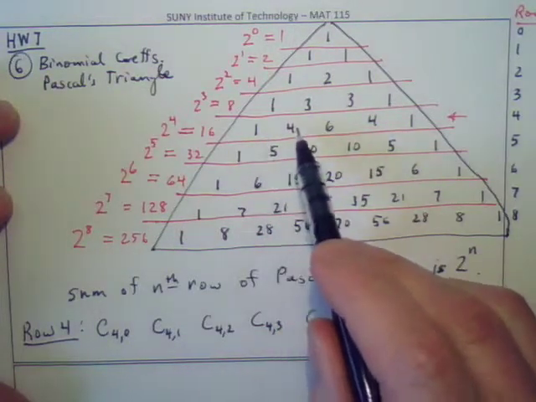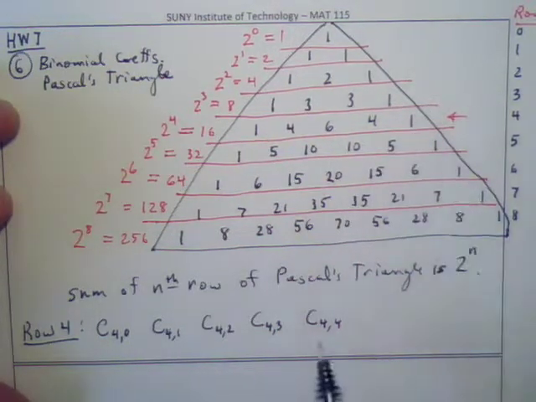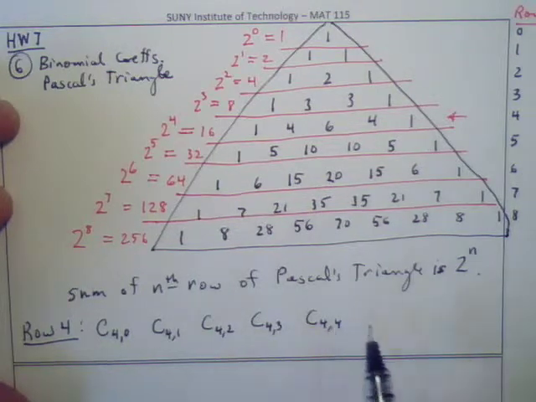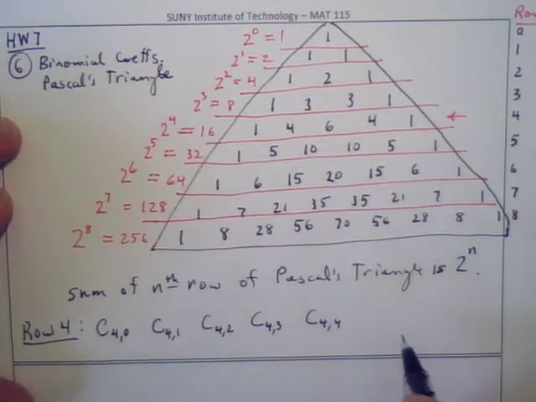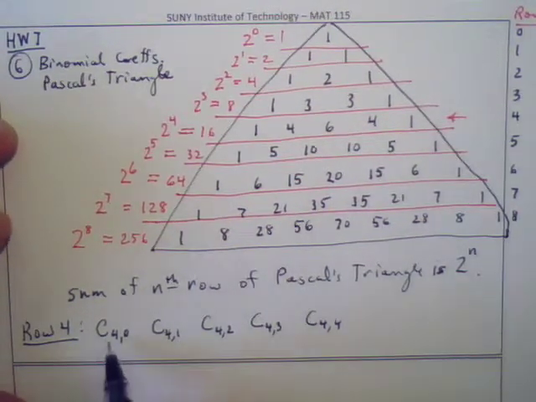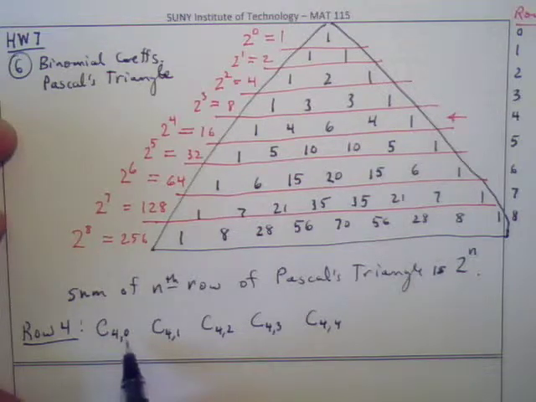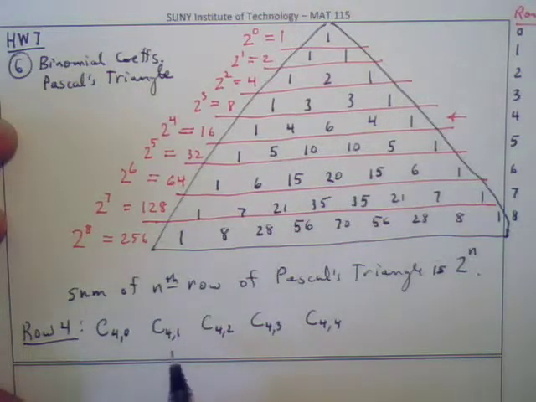Notice that there are 5 elements in row 4, and I have 5 elements here. These are the 5 elements in row 4, and in fact, C(4,0) is the number of 0 element subsets from a set of 4 elements, 4 objects.